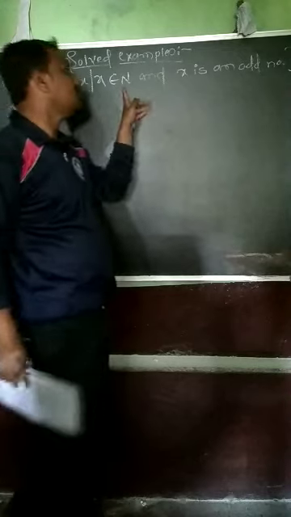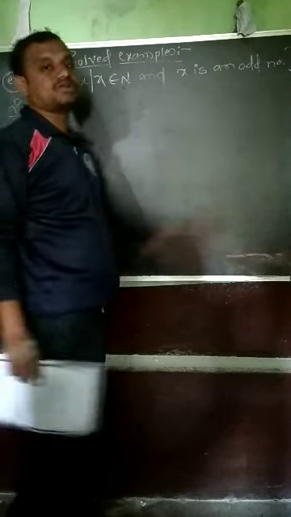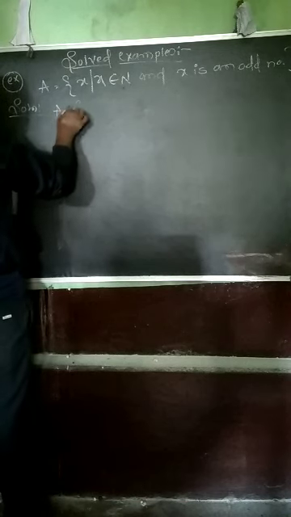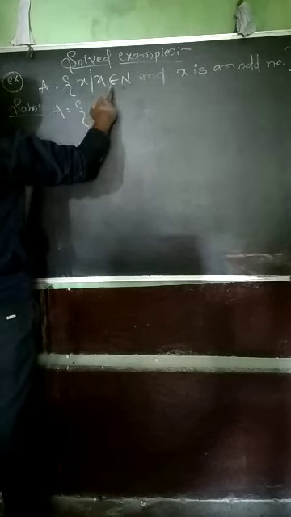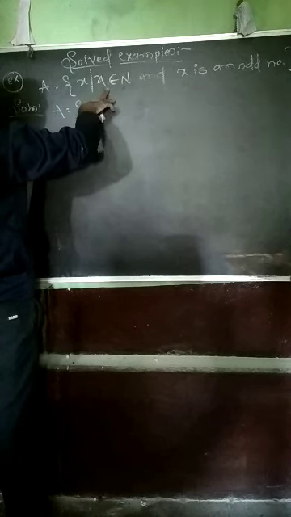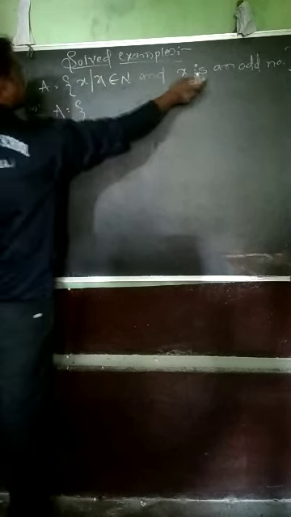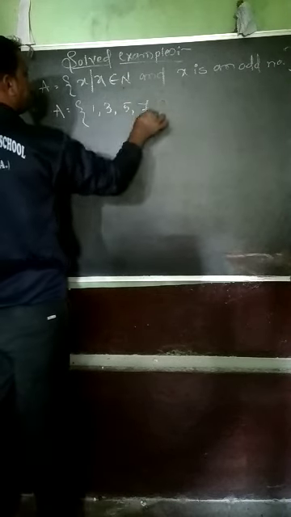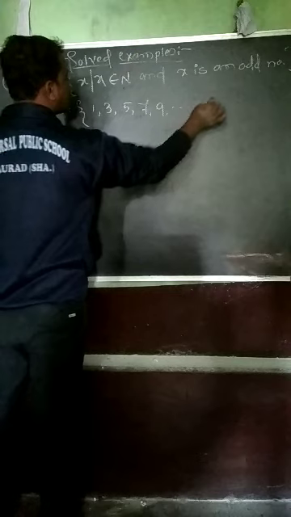See here, n is a natural number and x is an odd number. So write the set. Set A is equal to x such that x belongs to n, where n means natural number, and x is an odd number: 1, 3, 5, 7, 9 and so on.